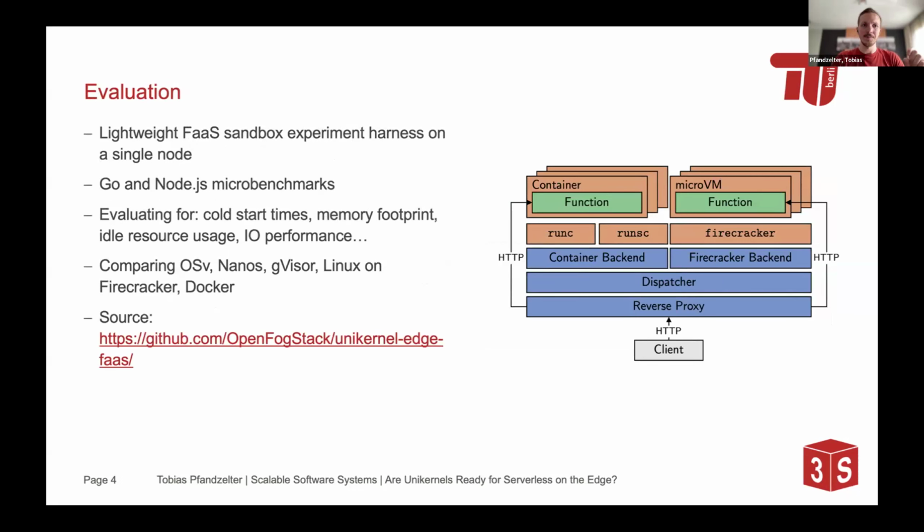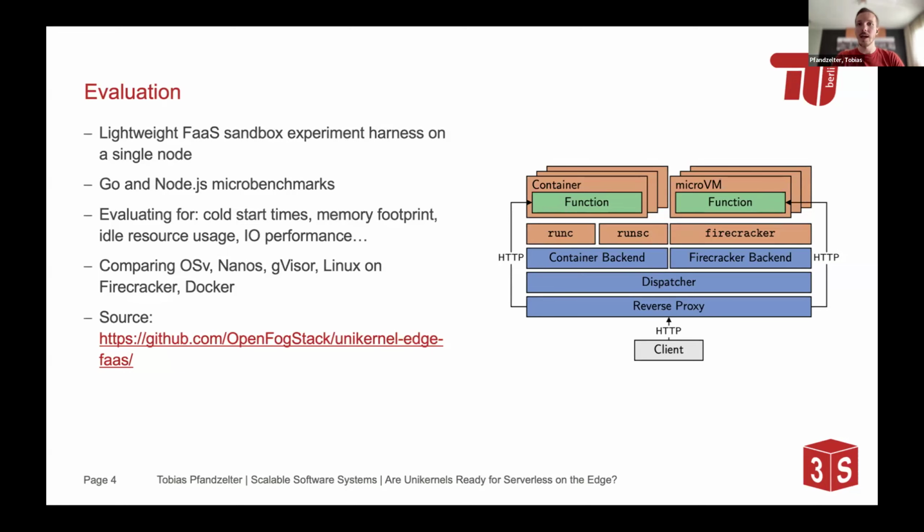So for evaluation, we looked at different kinds of execution environments, and we built a lightweight FaaS sandbox experiment harness around those that would allow us to run several micro benchmarks with Go and JavaScript with Node.js to find out cold start times, memory footprints of different isolation environments, resource usage, everything that counts for a serverless platform, especially one running in a constrained environment such as edge computing.